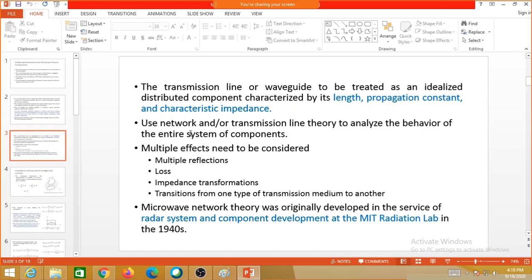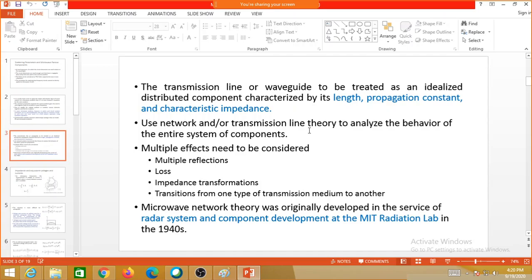Okay, now the use of network or transmission line theory to analyze the behavior of the entire system of components. As I said, we can apply network concepts to find the voltage or current, or we can apply transmission line theory. If you apply transmission line theory, you will get the transmitted traveling wave in the forward direction or the reflected wave in the backward direction.